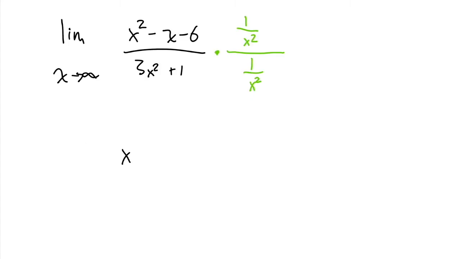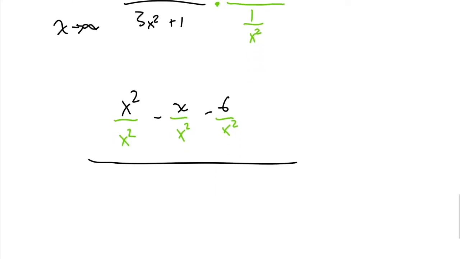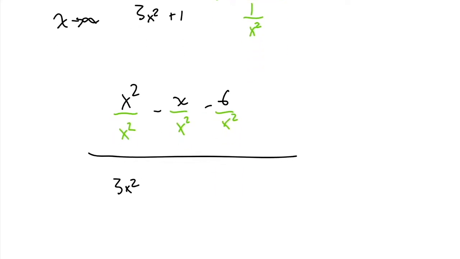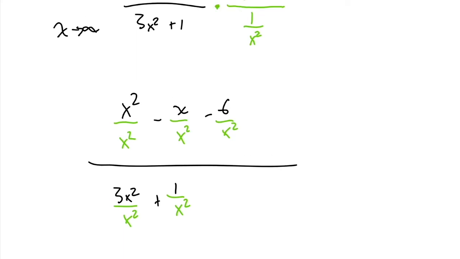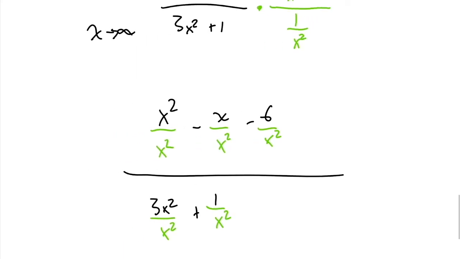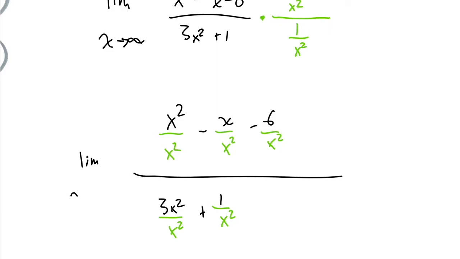So let's do x squared over x squared minus x over x squared minus 6 over x squared, and that entire thing over 3x squared over x squared plus 1 over x squared, and then the limit as x approaches infinity.